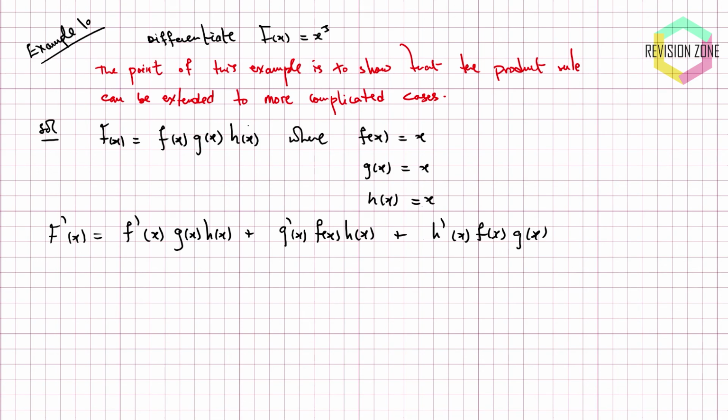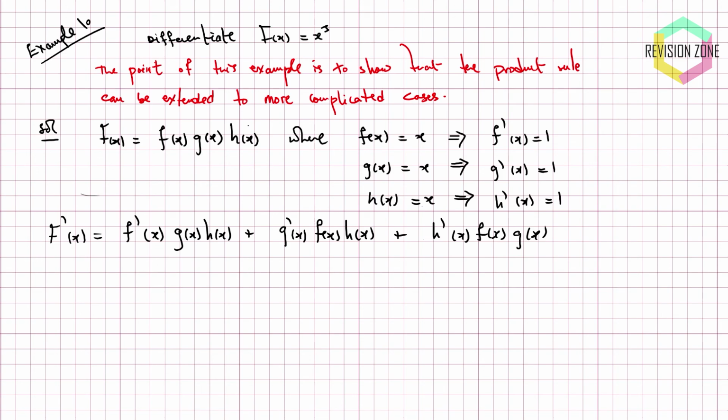So let's basically now apply this. I'm going to need to know the derivative of lowercase f, the derivative of lowercase g, and the derivative of lowercase h. I've written these f, g, and h above here conveniently so I can write down the derivatives. So my f prime is just going to be 1, my g prime obviously is also going to be 1, and my h prime is obviously also going to be 1.